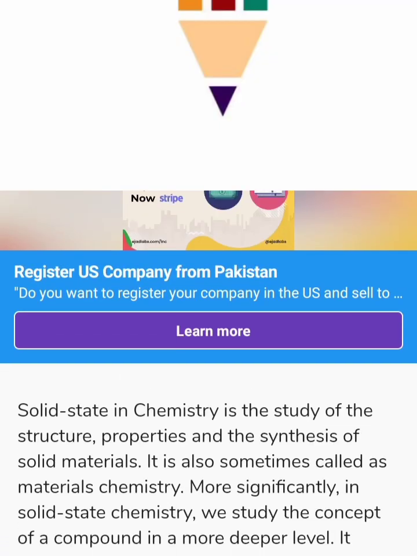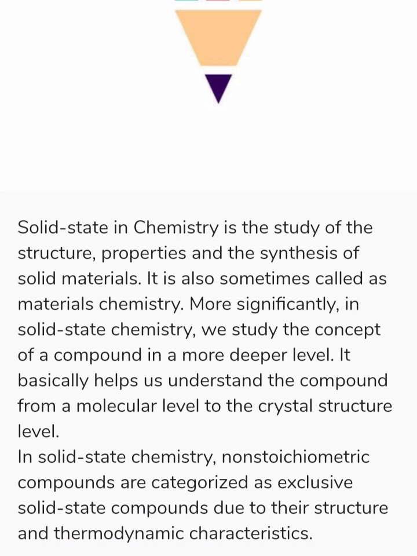Solid state chemistry. Solid state chemistry is the study of the structure, properties, and synthesis of solid materials. It is also sometimes called materials chemistry. More significantly, in solid state chemistry, we study the concept of a compound at a much deeper level.